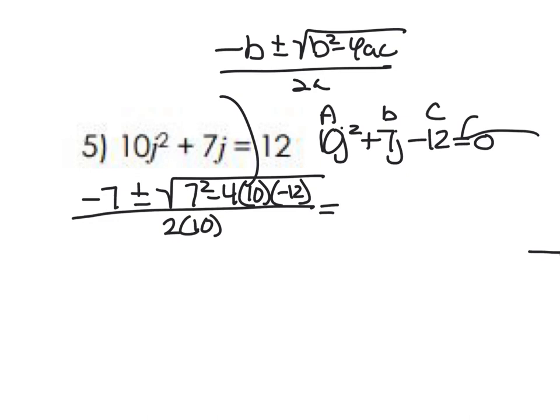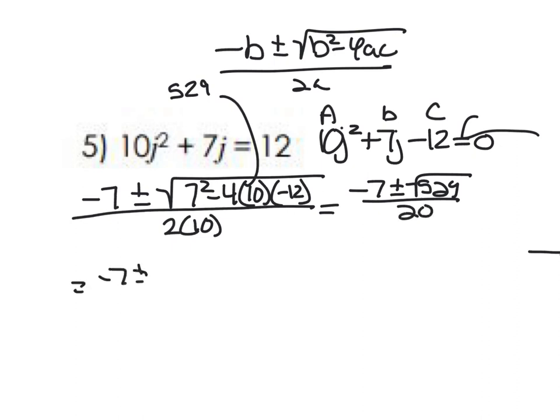Watch your signs here, and you should get 529. That means I'm going to have two solutions. So negative 7 plus or minus the square root of 529 over 20. Now the square root of 529 is 23.